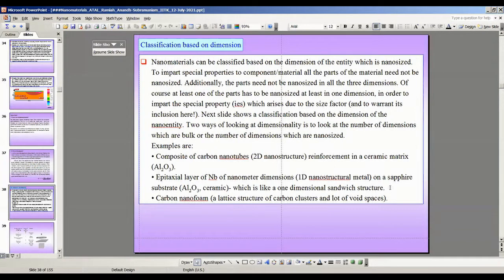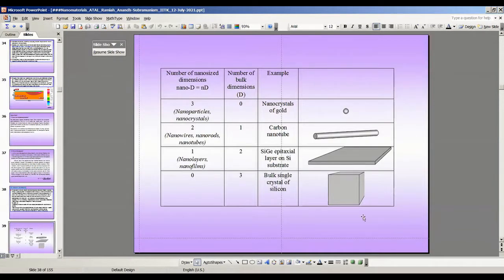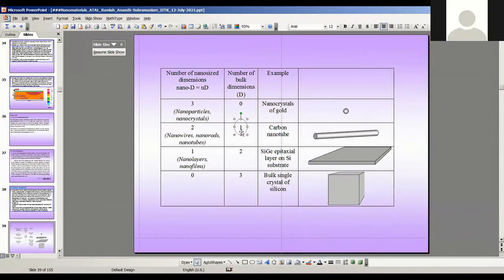And this is very, very important because, for instance, if you look at a carbon nanotube, it is like a one-dimensional nanostructure. That means you have one, what you might call a nanoscale dimension, and the remaining two are in the bulk. So that is what can be thought of as a one-dimensional nanomaterial. And along the length direction, it could be in the microns.